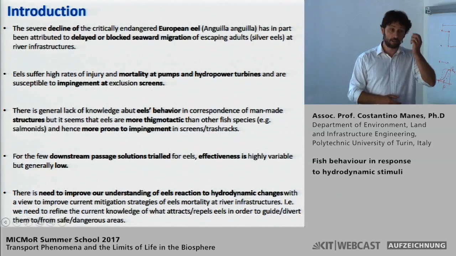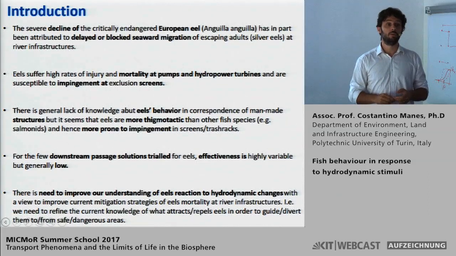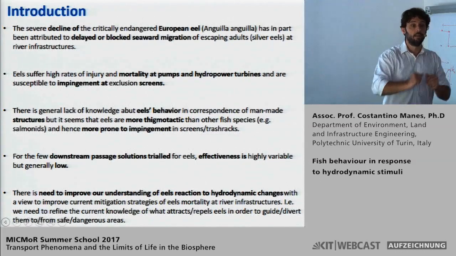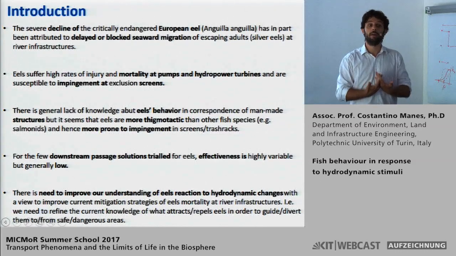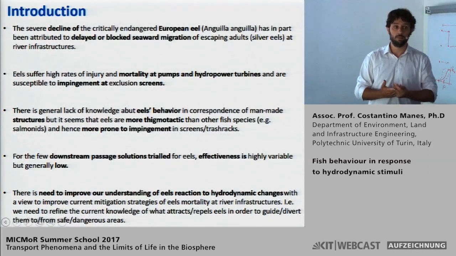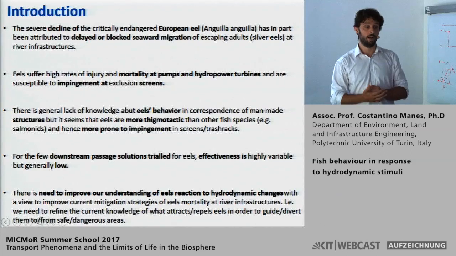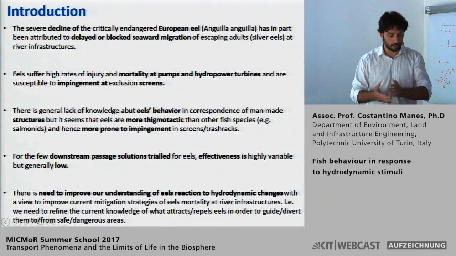Again, it was the same concept as explained this morning. We need to understand what really attracts eels so that we can guide them towards a safe passage, and what repels eels so that we can find ways to repel them from dangerous areas like water intakes for turbines or screens.